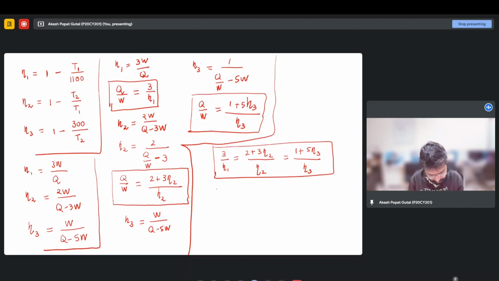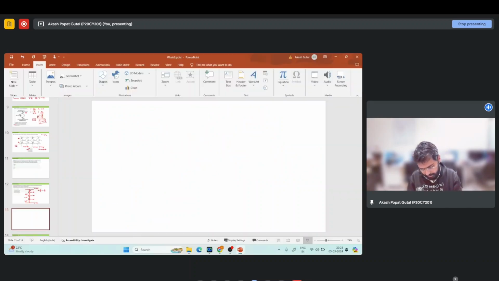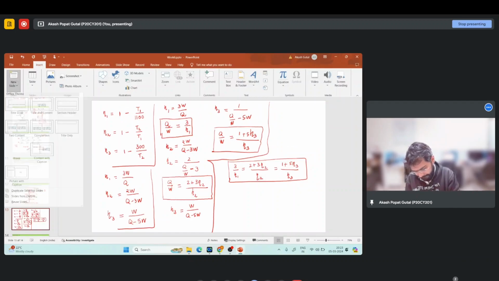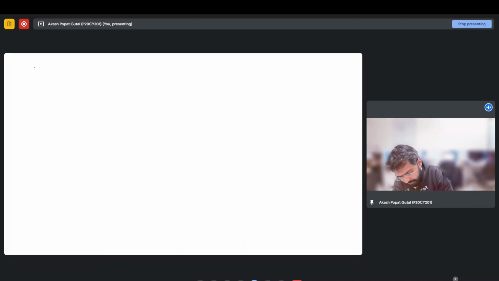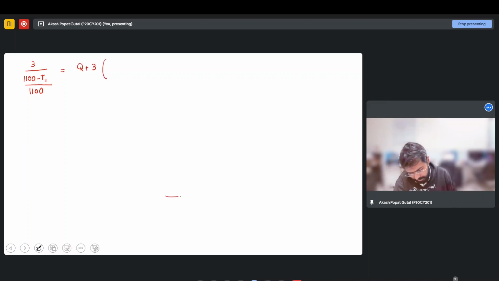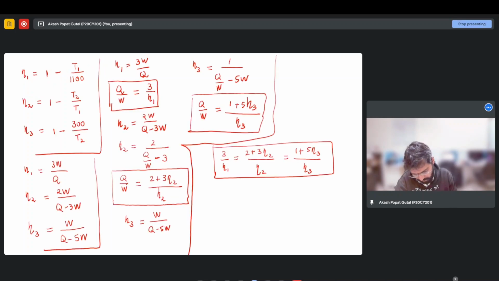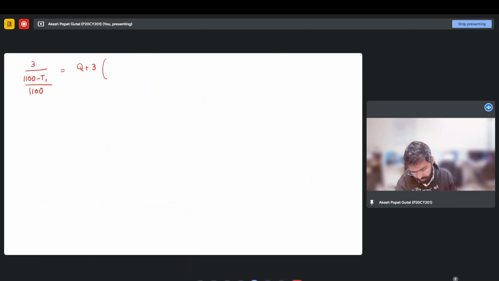So we just put these three equations in our current proportionality equation. 3 by eta 1, I will start this in a new slide. Yeah. So we'll have 3 by 1100 minus T1 divided by 1100 is equal to Q plus 3. And here we have T2 by T1, T1 minus T2 by T1.